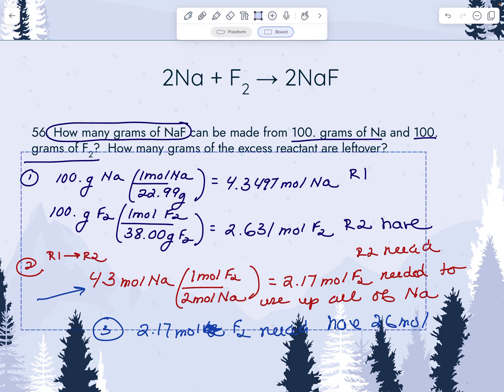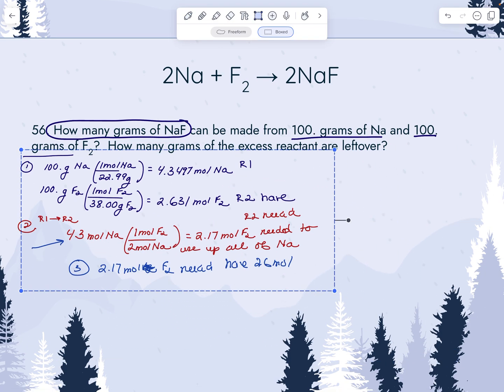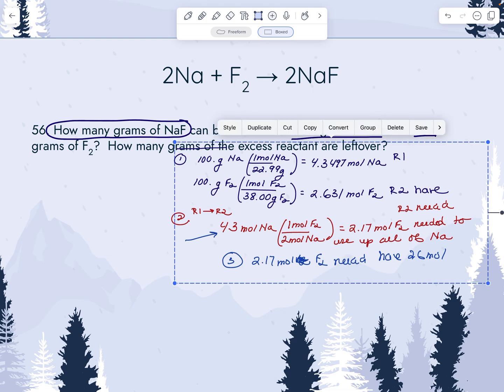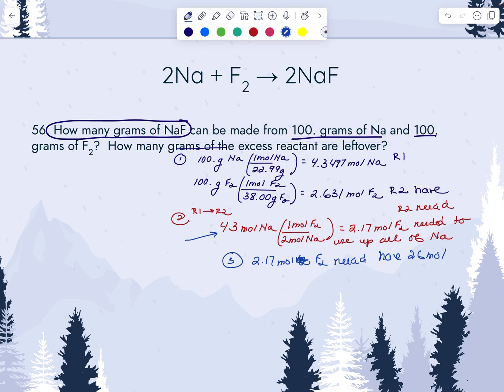So now, I wrote a little too big here. Now I'm just going to need to use this data and what I figured out, right? What did I figure out? Reactant 1 is the limiting reactant. That's sodium. So now I'm going to actually answer the question, right? I can start with the amount of sodium that I start with, 4.3497 moles of sodium.